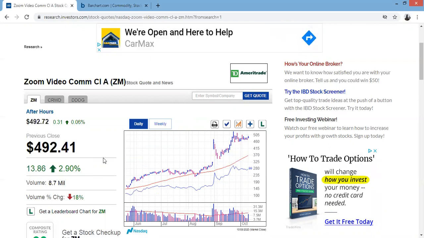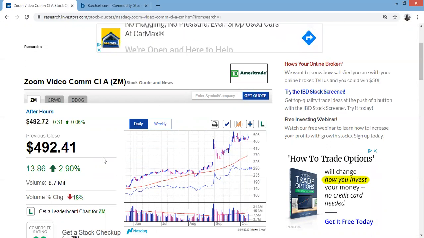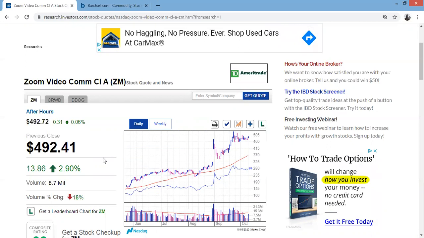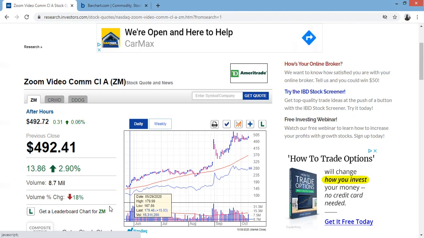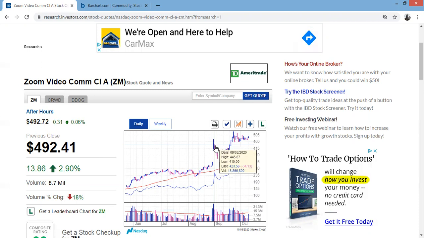Now, one thing that I didn't mention, I told you all about how to recognize when to get into a stock when it's going up. Now I'm going to tell you how to recognize when to get out of a stock when it's going down.